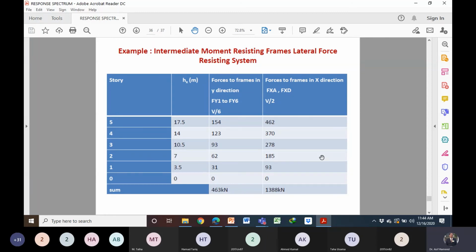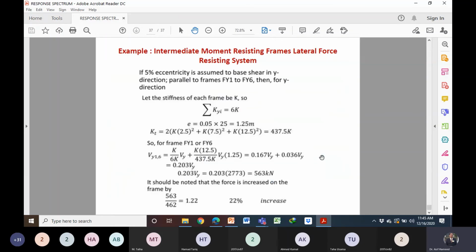Provisions say you can calculate the response of the structure when the earthquake is at 5% eccentricity, at 10% eccentricity. Okay, so how can we calculate the lateral forces or the base shear when the earthquake is not along the x or the y direction? Again, we can use the same formula. वो फॉर्मूला देखिए जरा, मैं इसको आपको दिखाता हूं जरा.